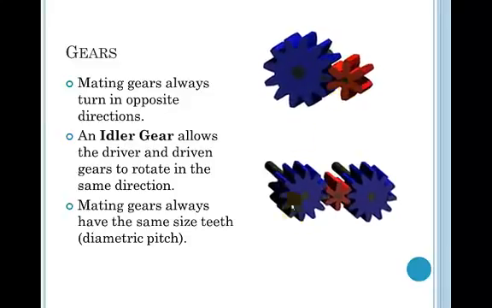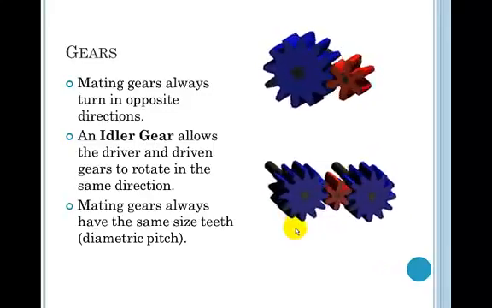If you look at this one on the bottom, you can see that the first blue gear is the driver and it's rotating clockwise. Then there's an idler gear in the middle, and that idler gear turns counterclockwise. Then the third gear turns clockwise as well.